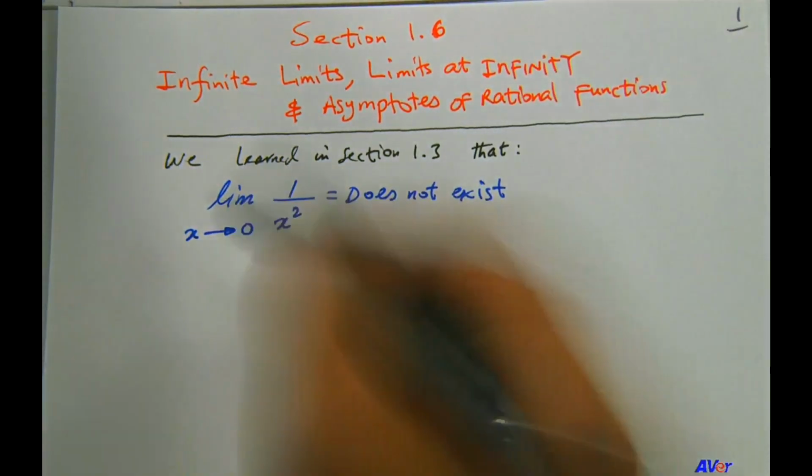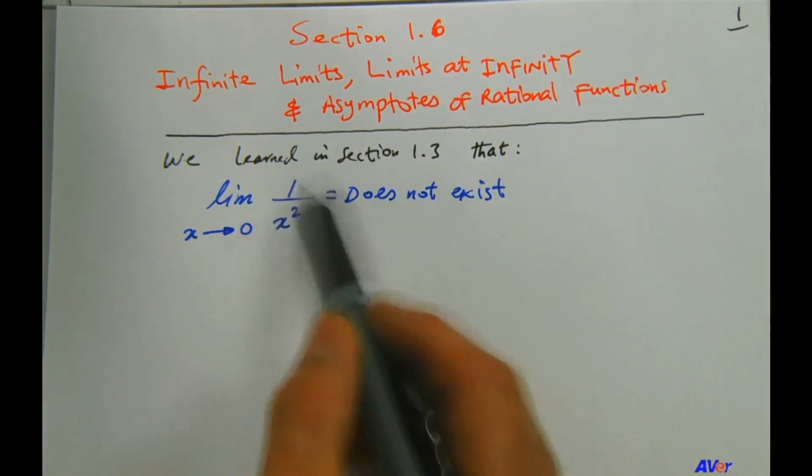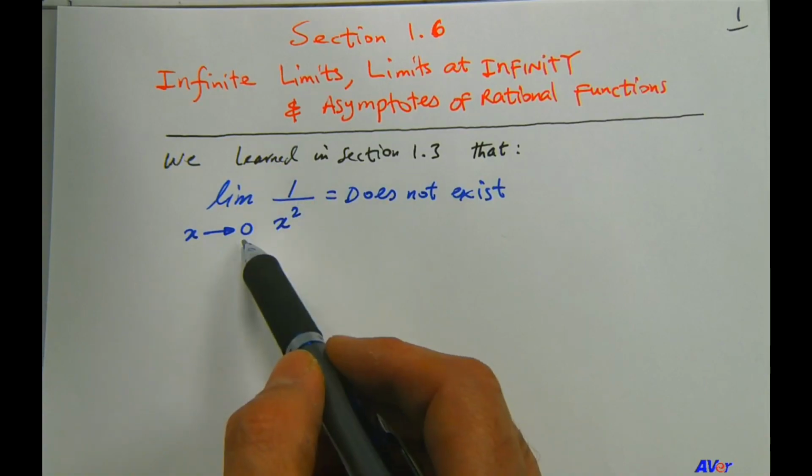Now recall the reason for this. Why does the limit for this function as x approaches 0 not exist?